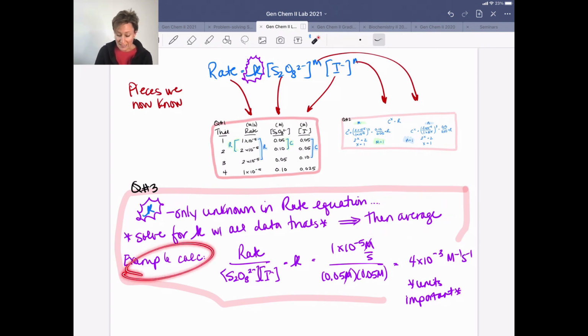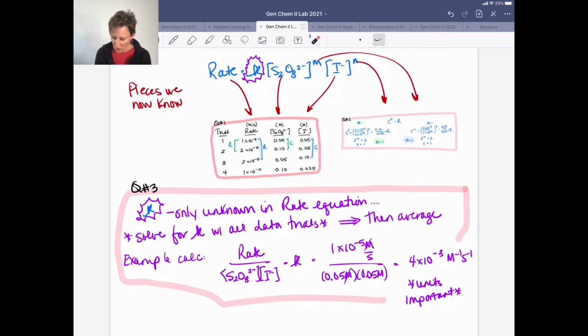So here's an example calculation. If we're solving for K, it is the rate over the concentration of S2O8 times the concentration of I minus, both raised to the first power because it's first order. Now, units of rate constants are important. Those units tell us the overall order of the reaction.